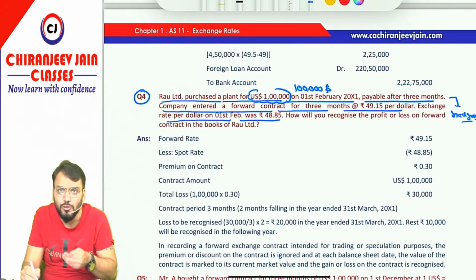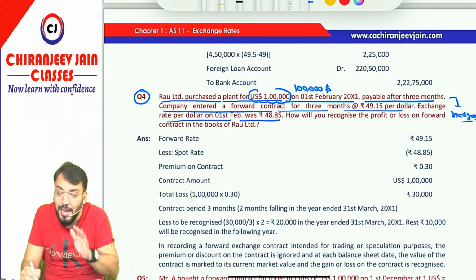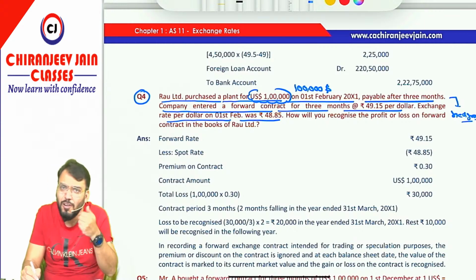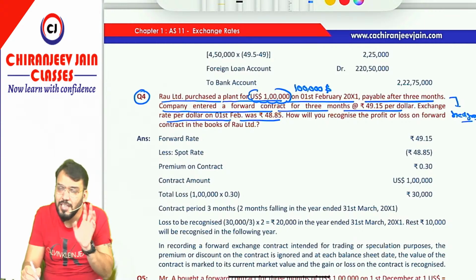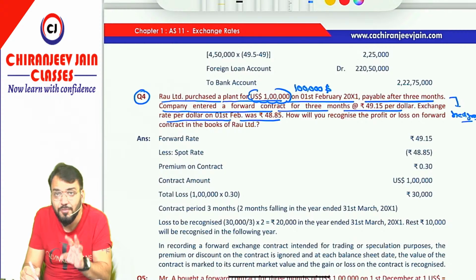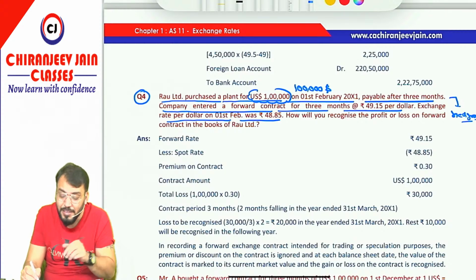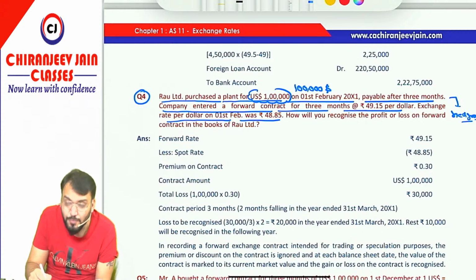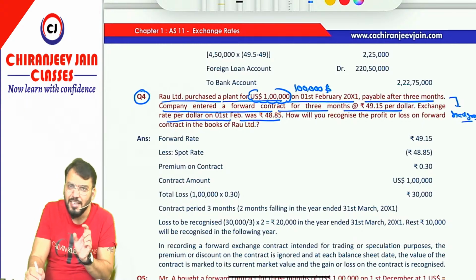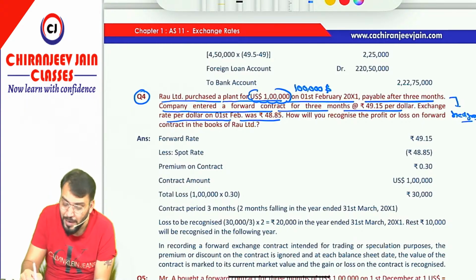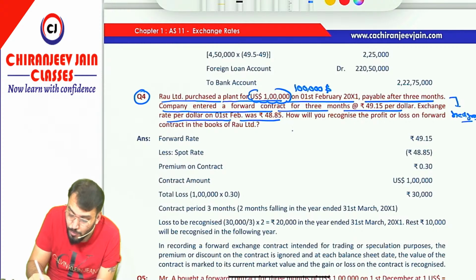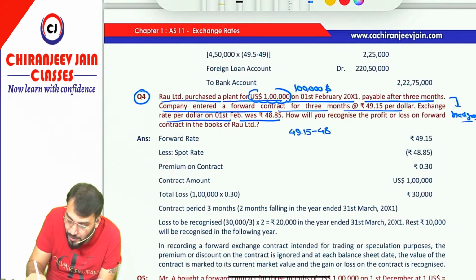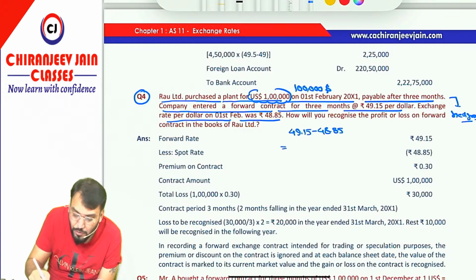Means they have entered into a contract to buy 1 lakh dollar at 49.15. It means now whatever may be the price, they need to pay 49.15 per dollar, correct? Right now the spot rate is 48.85. Means they have entered into a contract to pay 49.15, so how much premium are they paying? 49.15 minus 48.85 is equal to how much?